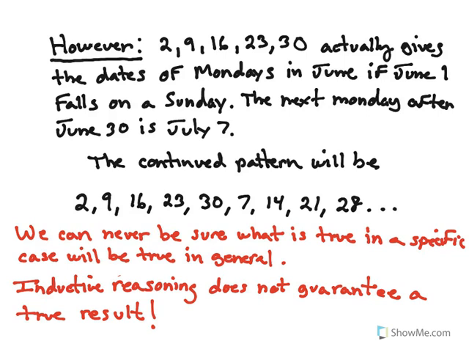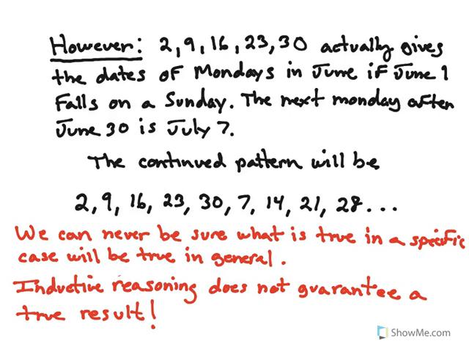So the continued pattern after 30 is not 37, but 7, and then the next Monday after that would be 14, because there are 7 days in a week. 21 would be the following Monday, and then the following week after that would be the 28th.